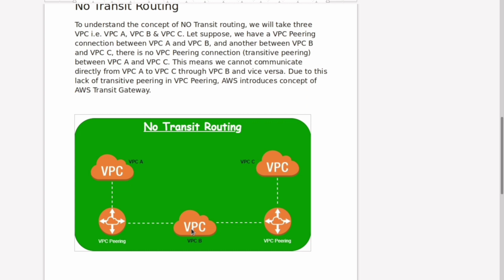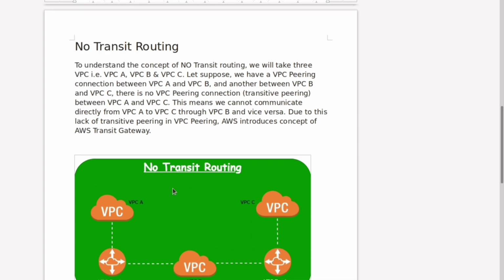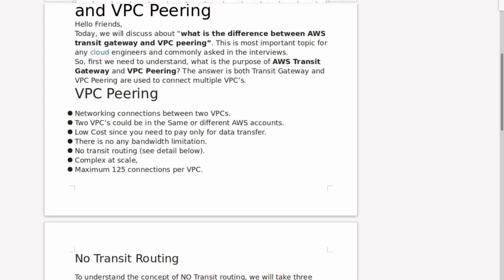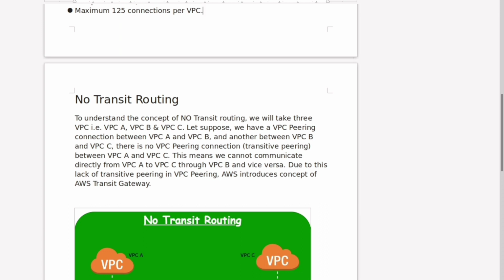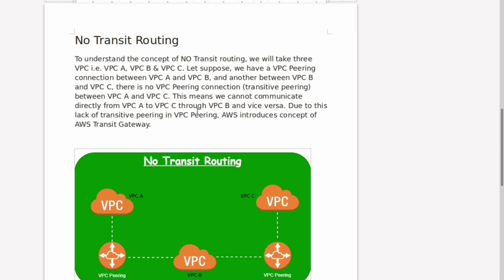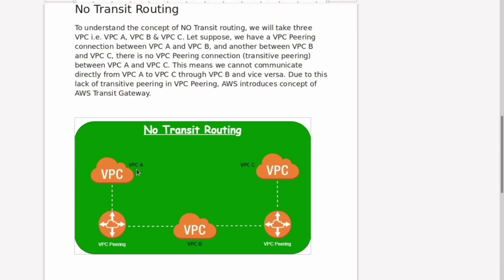Due to this lack of transitive peering in VPC peering, AWS introduced the concept of AWS Transit Gateway. To understand the concept of no transit routing, we will take three VPCs like VPC A, VPC B and VPC C, as you can see. Let's suppose we have a VPC peering connection between VPC A and VPC B, and another connection between VPC B and VPC C as well.